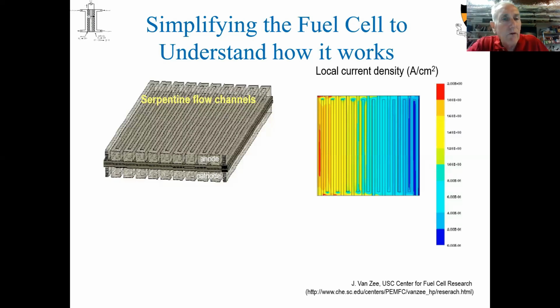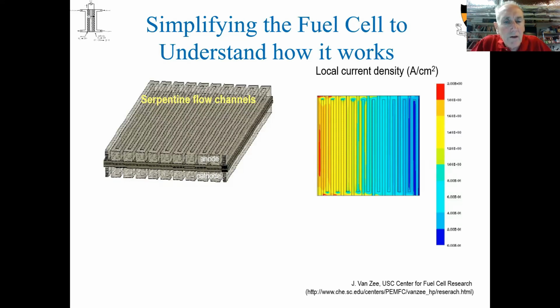And if you have a serpentine flow channel, like I show in this figure, you have a variation in the concentrations of reactants and products as you go from the inlet to the outlet of the serpentine flow channel. So in order to get the actual kinetics, the serpentine flow channel is what we call an integral reactor.